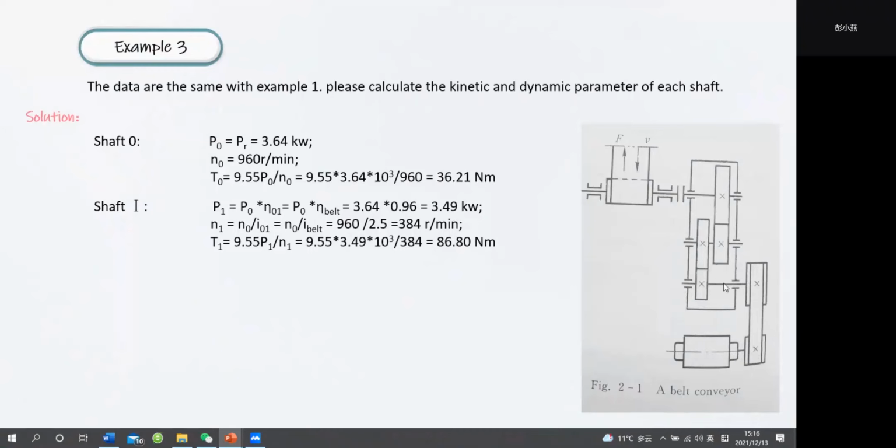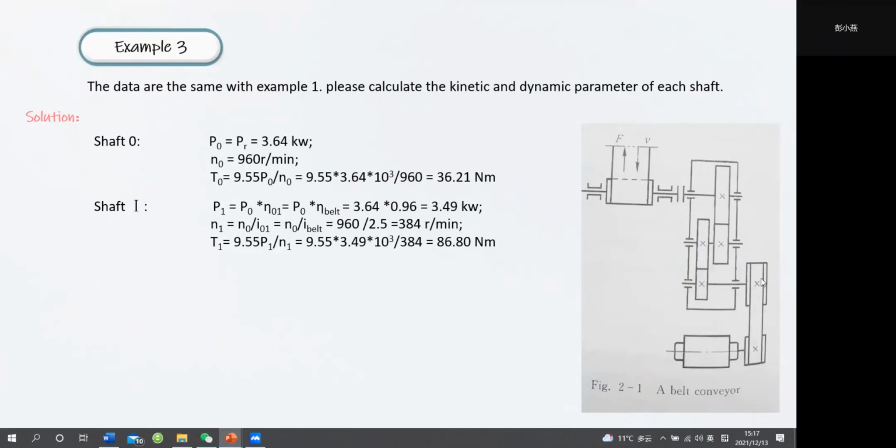And then we calculate the speed of shaft 1. It's the speed of the motor shaft divided by the speed ratio of the belt.